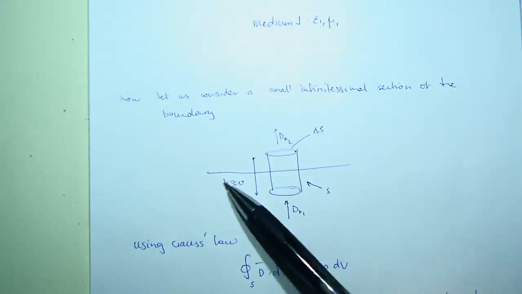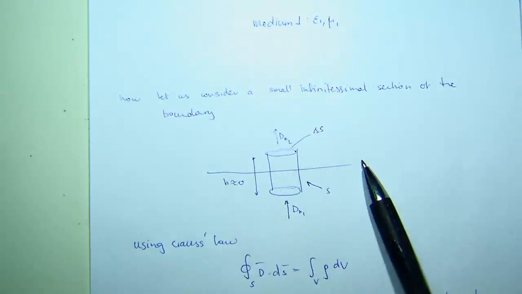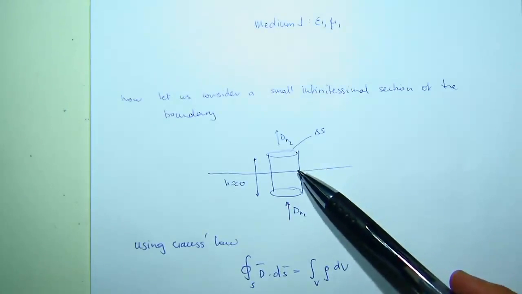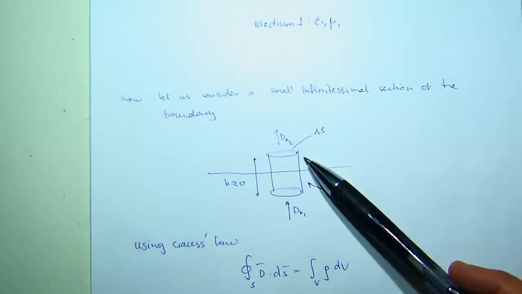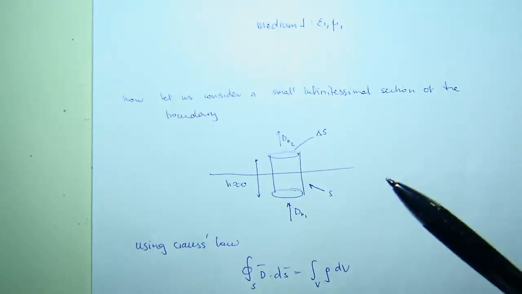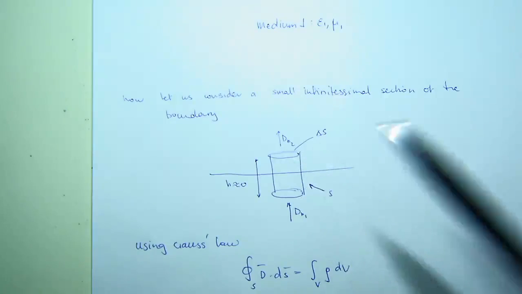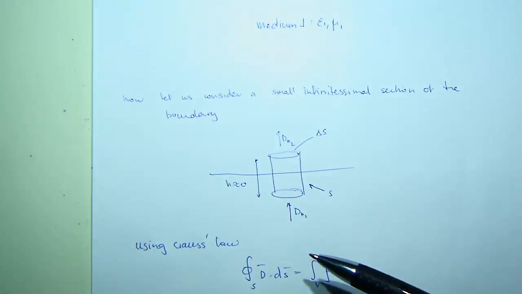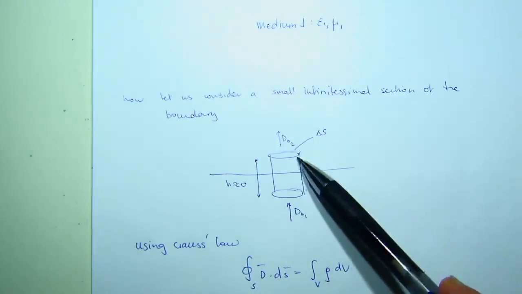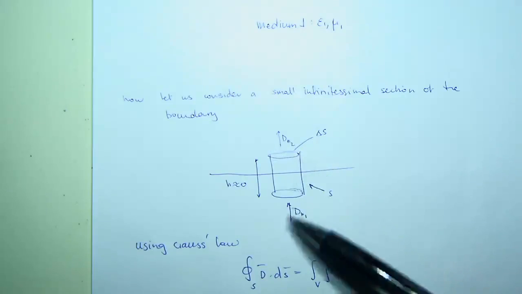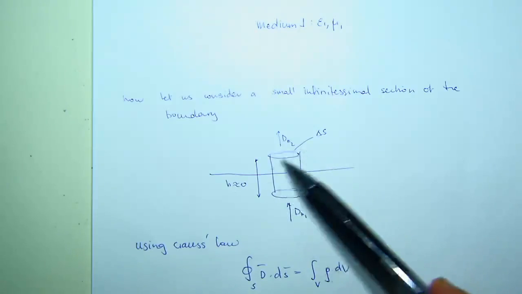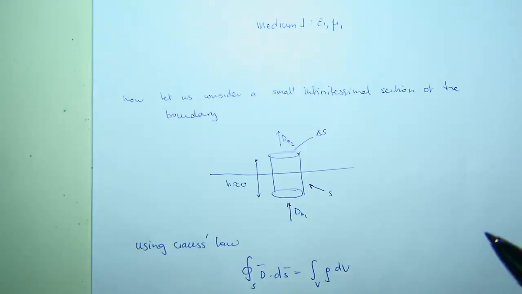where the argument was you've got an arbitrary shape. They would ask you to draw a little pillow box at the surface, which is essentially a cylinder with a top surface, a bottom surface, and a surface around the circumference.